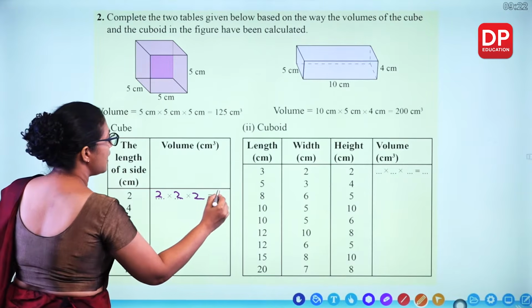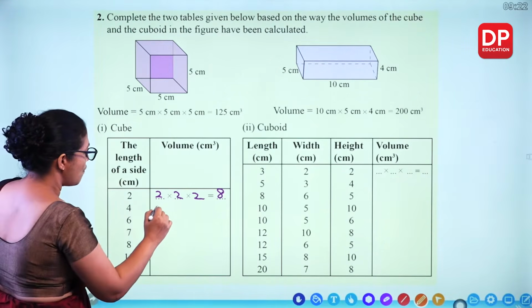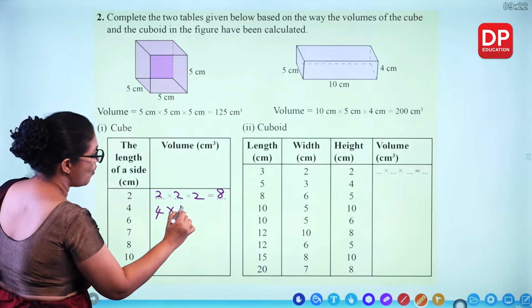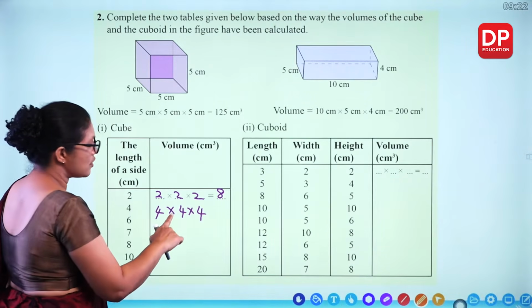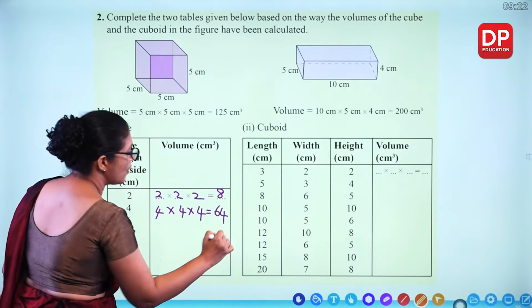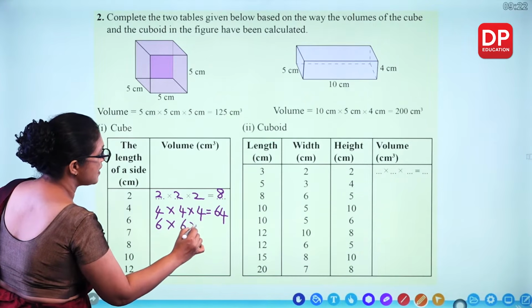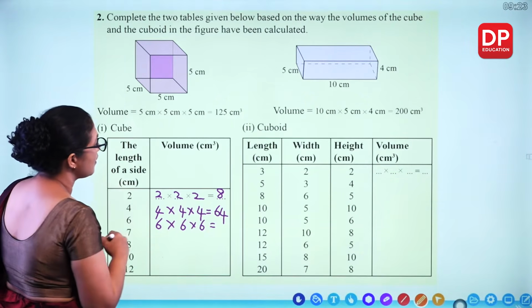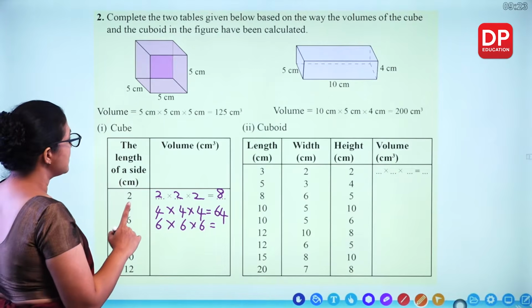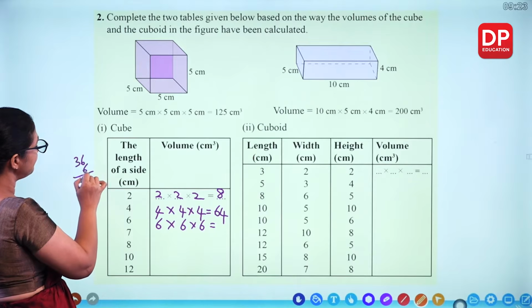That's 8 cubic centimeters. 4 times 4 times 4. 4 times 4, 16. 16 times 4, 64 cubic centimeters. 6 times 6 times 6. That's 36 into 6.